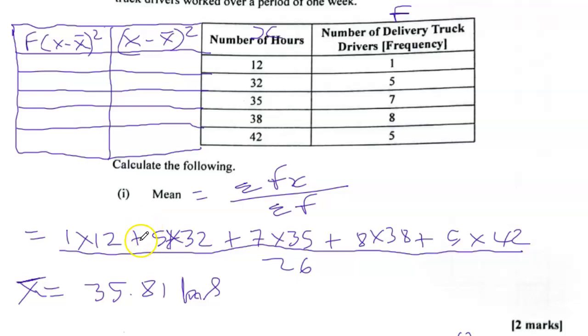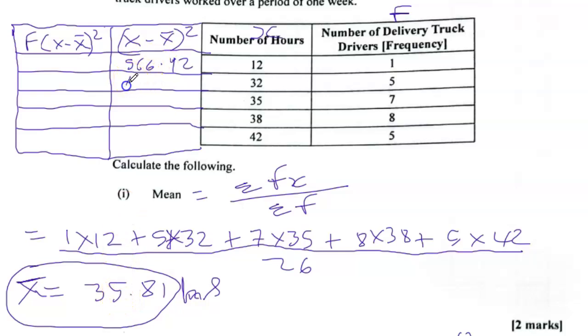So remember x bar was our mean. So to get the x minus x bar column, we're going to subtract x bar from the x values and square the result. So the first one is 12 minus 35.81. Square the result, we'll get 566.92. Next, 32 minus 35.81.